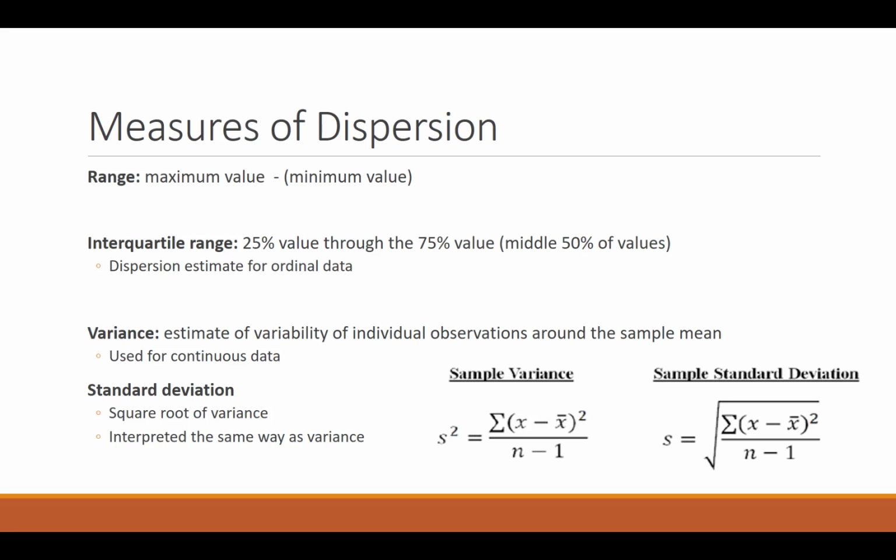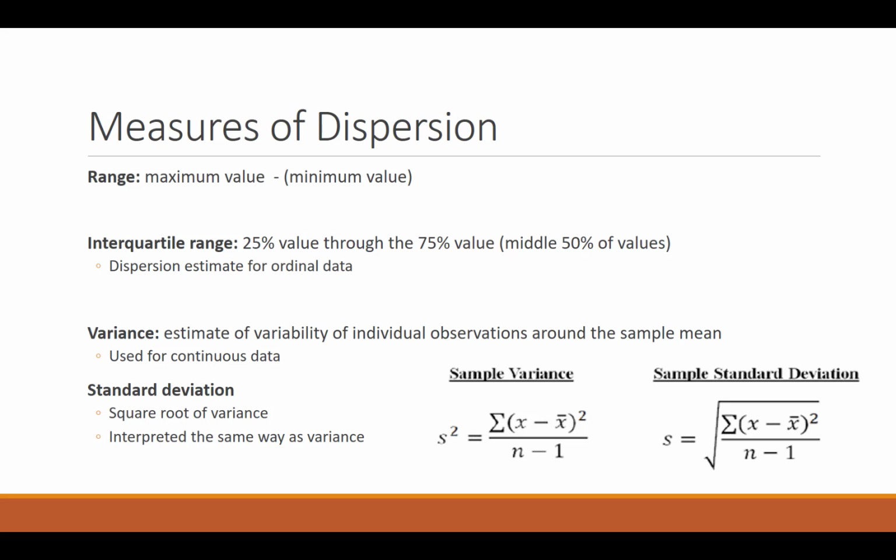Then we have variance and standard deviation, which estimate the variability of individual observations around the sample mean, used for continuous data. If we look at the equation for variance, it looks really complicated, but what it essentially says is that you subtract each individual observation from the mean, so then you're essentially assessing how far away each individual observation is from that mean.